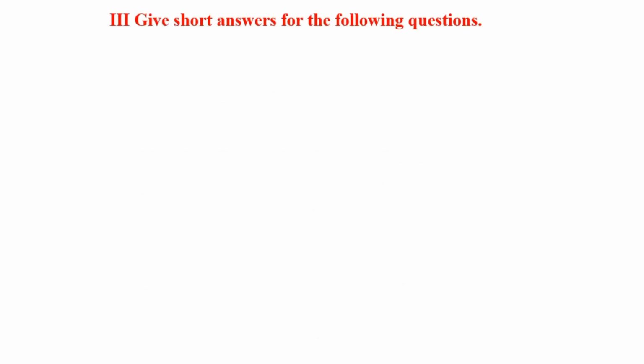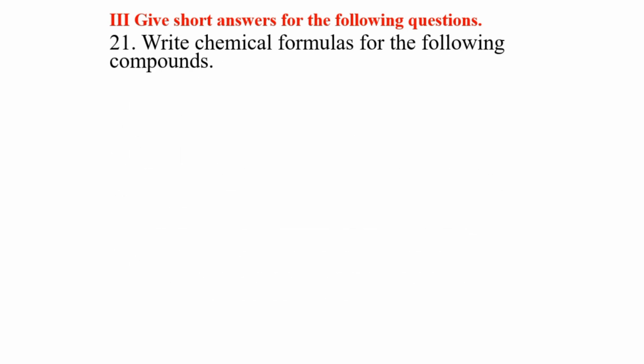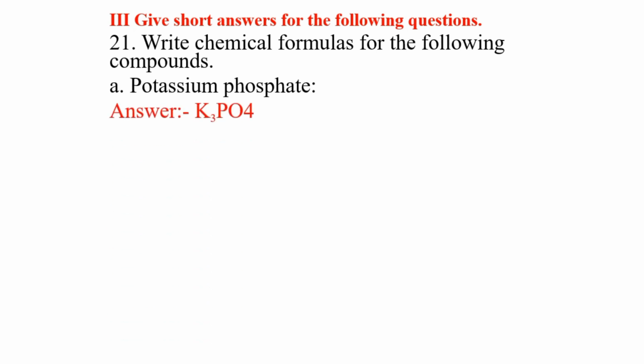Give short answers for the following questions. Question number 21. Write chemical formulas for the following compounds. The formula for potassium phosphate is K3PO4.